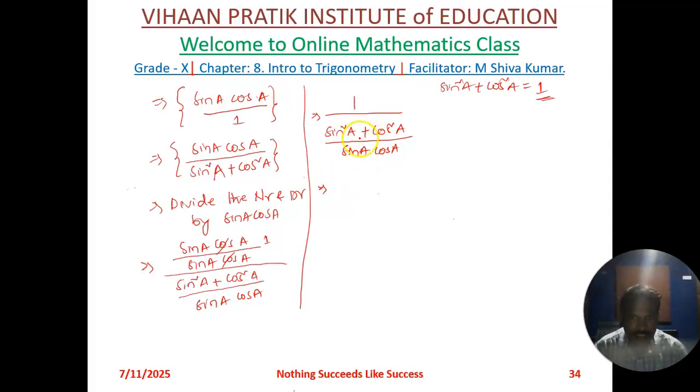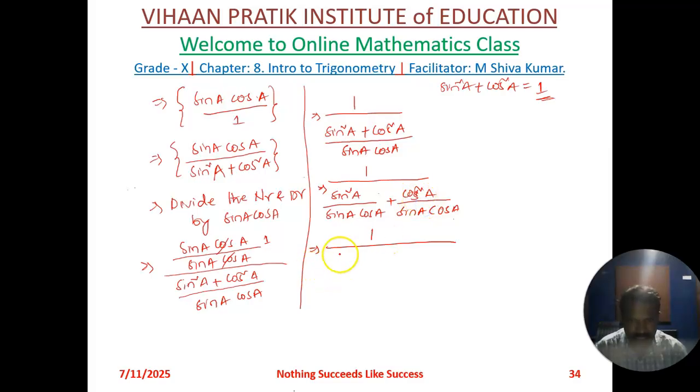So we'll split the denominator. When we split the denominator by the plus sign, we'll get 1 by sine square A divided by sine A cos A plus cos square A divided by sine A cos A. Sine square is A square, cos square is A square.